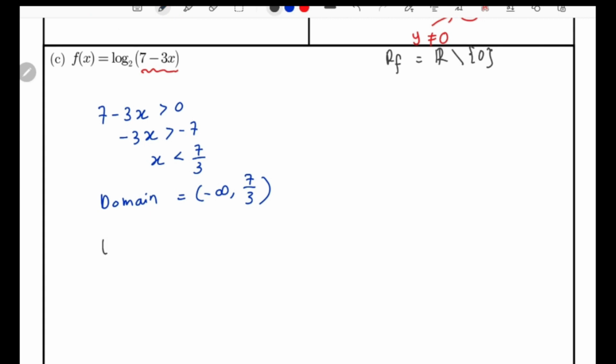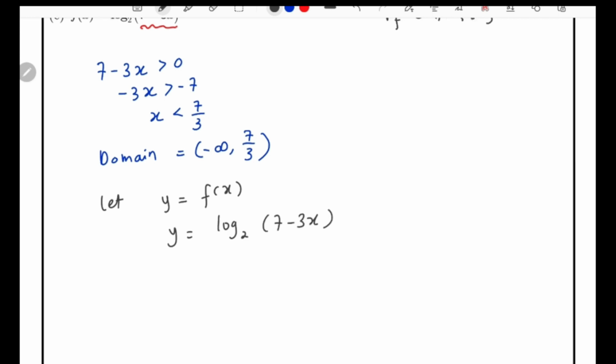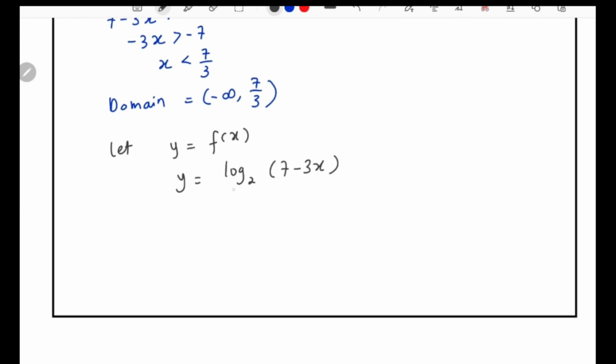Next, for the range, let y equal f(x). So y equals log base 2 of 7 minus 3x. Rearrange until we have x as the subject. So 2 to the power of y equals 7 minus 3x. So x equals 7 minus 2 to the power of y, over 3.